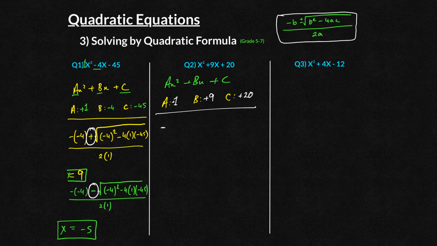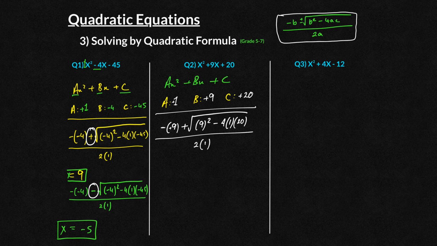So we've got minus, open bracket, b. You can write the positive 9 in there if you want, it's completely up to you. It's the negatives that you really need to be careful about. So we're going to do the plus square root of 9 squared minus 4 times 1 times 20, all over 2 times 1.